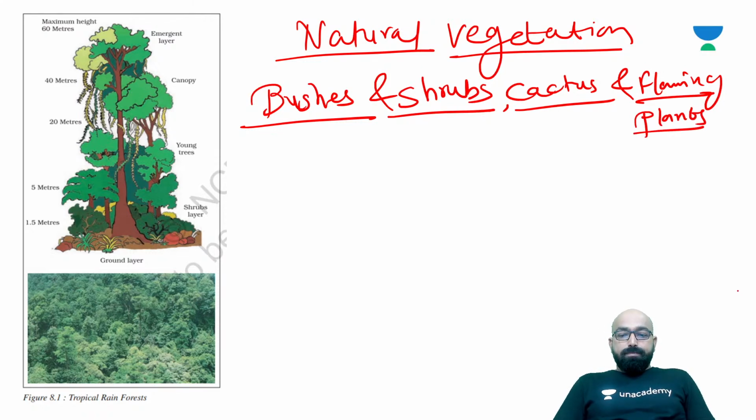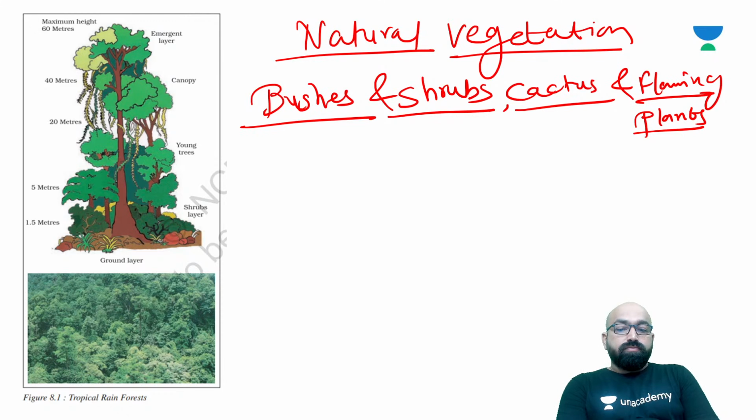Besides, there are many tall trees, some with many branches and leaves like neem and mango, or some which stand with few leaves, such as palm.